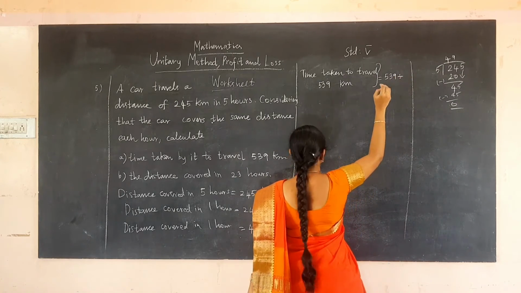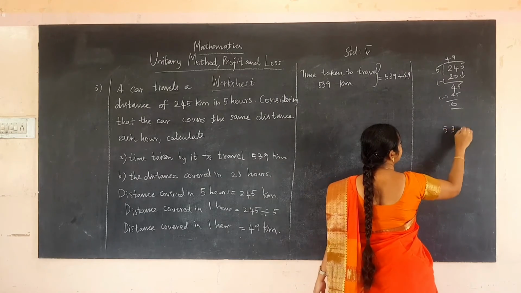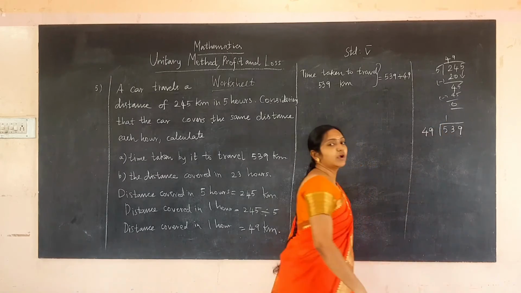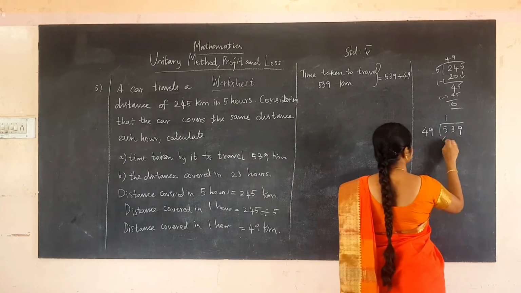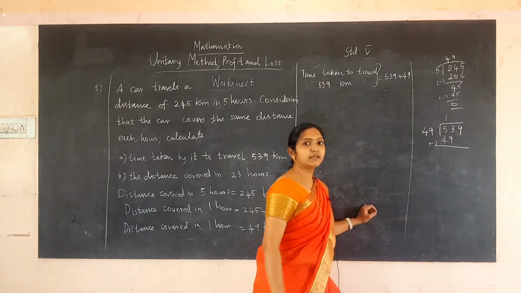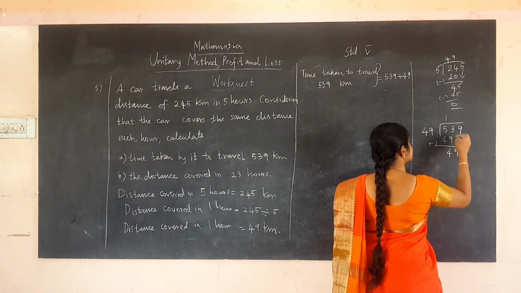539 divided by 49. 11 fours are 44... 1 into 49 is 49. Remaining we are having 4. Bring this 9.